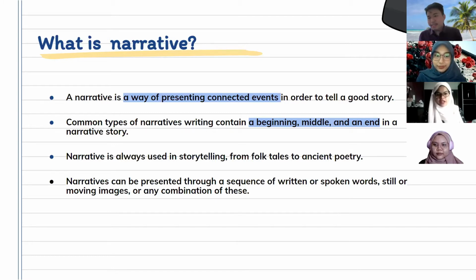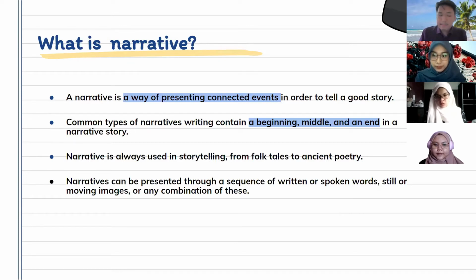So what is narrative? A narrative is a way of presenting connected events in order to tell a good story. And the common types of narrative contain a beginning, middle, and an end. Let me give one example. I will make a short sentence. Let's say Athirah goes to the store. She wants to buy a cake at the store. And after she gets her cake, she pays for it.